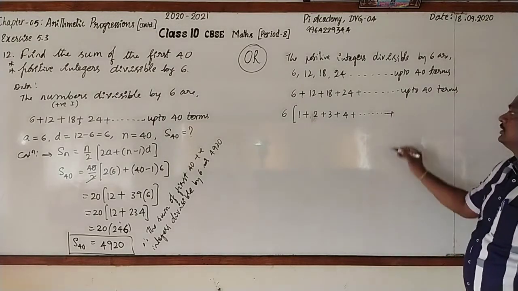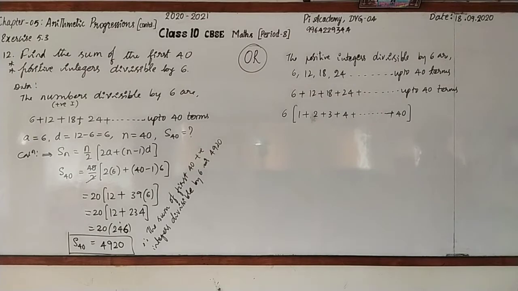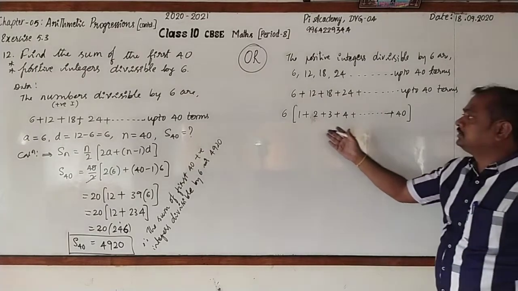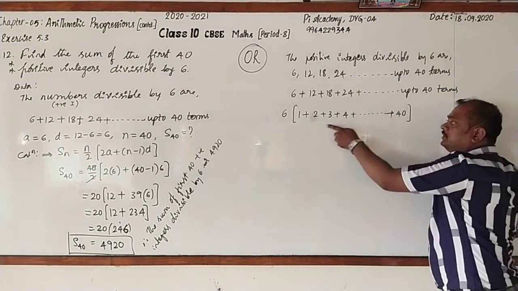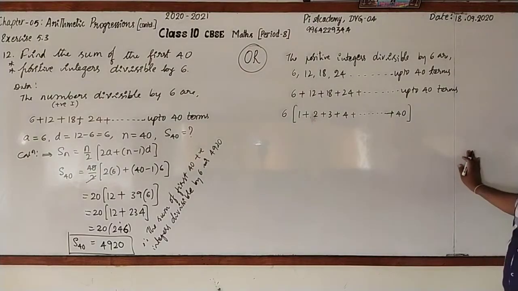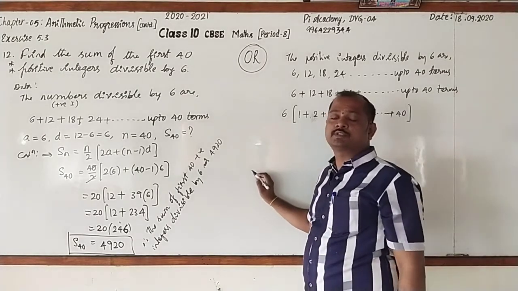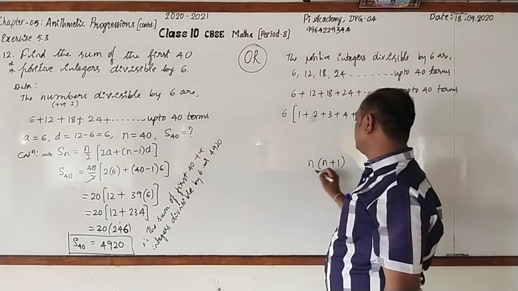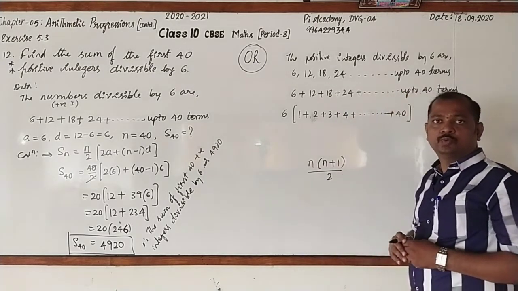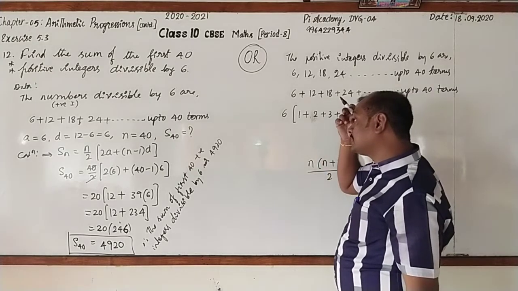At last it is 40, right? Now see that this is of the form of the sum of first n natural numbers. We are very familiar with that. The formula used to find out the sum of first n natural numbers is n into n plus 1 by 2. Is it not? So here also I will go for taking the same.